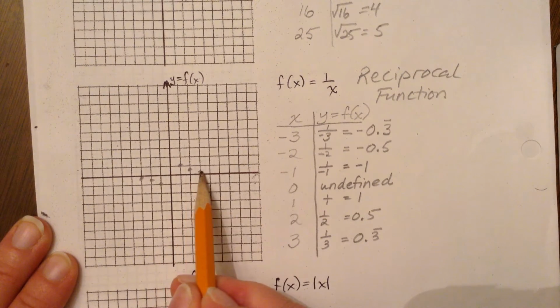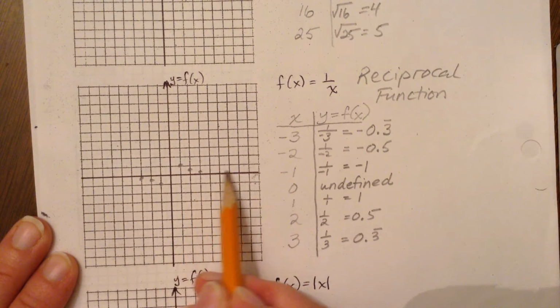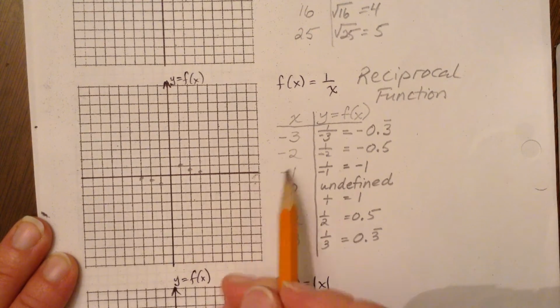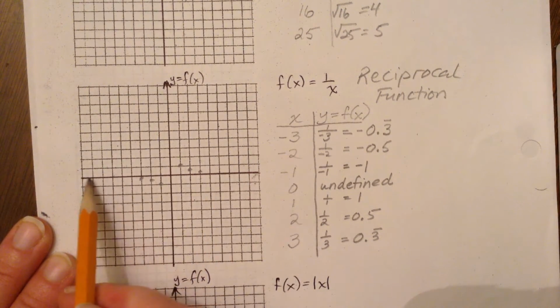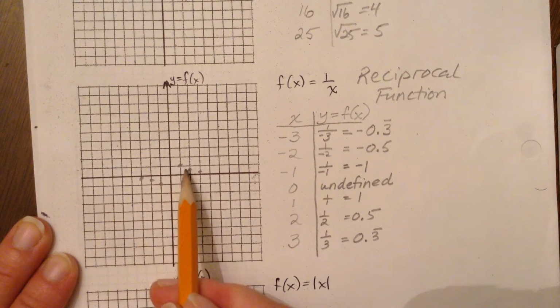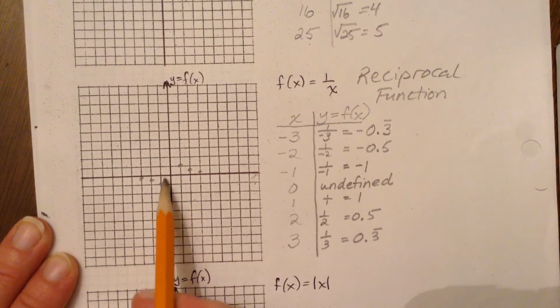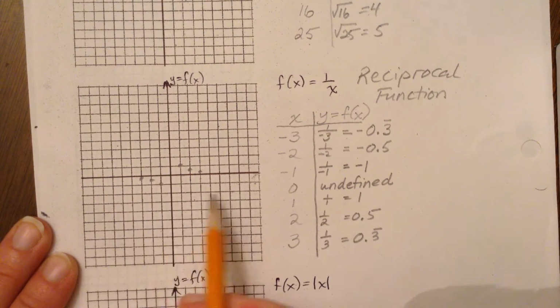We can see that the points are getting closer to the x-axis as x gets further out, and here getting closer to the x-axis as it gets further out. But what I really want to know is what's happening in here, in between negative 1 and 1, or between 0 and 1, 0 and negative 1.